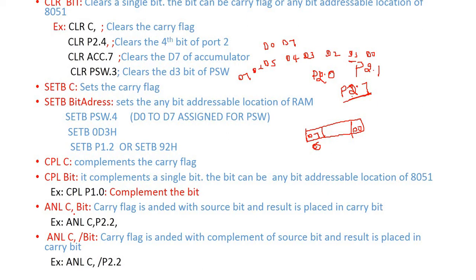Next is CPL C, complement C. It complements the carry flag. For example, if the carry flag is set to 0 due to some operations, and you want to complement this carry flag, then we can use CPL C. After this instruction, the carry flag will become 1. Is it clear?